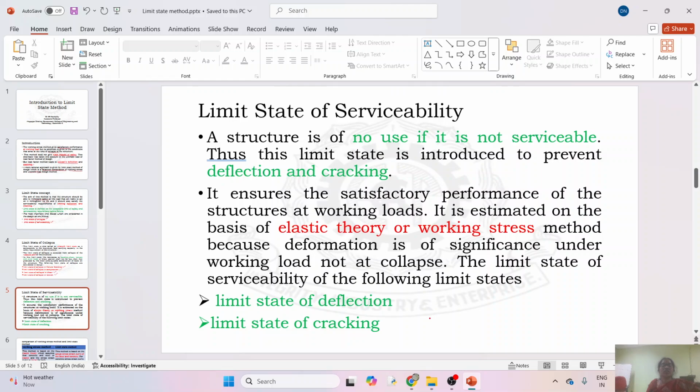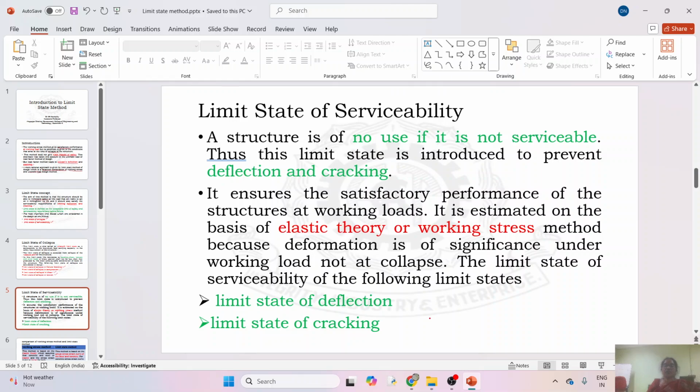The next topic is limit state of serviceability. A structure is of no use if it is not serviceable. Thus, this limit state is introduced to prevent deflection and cracking.